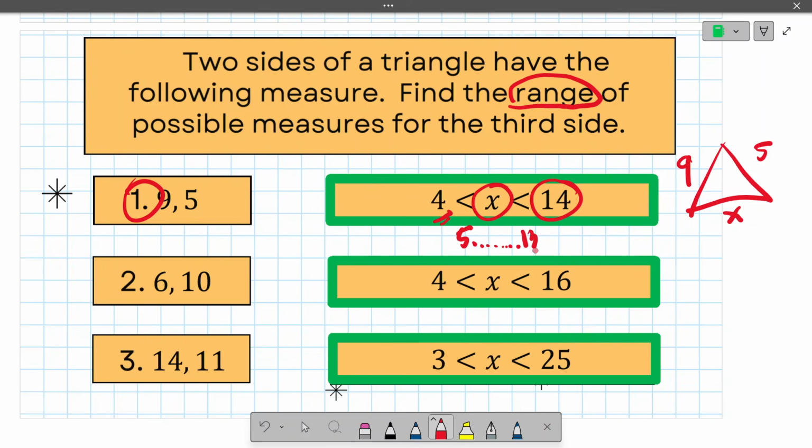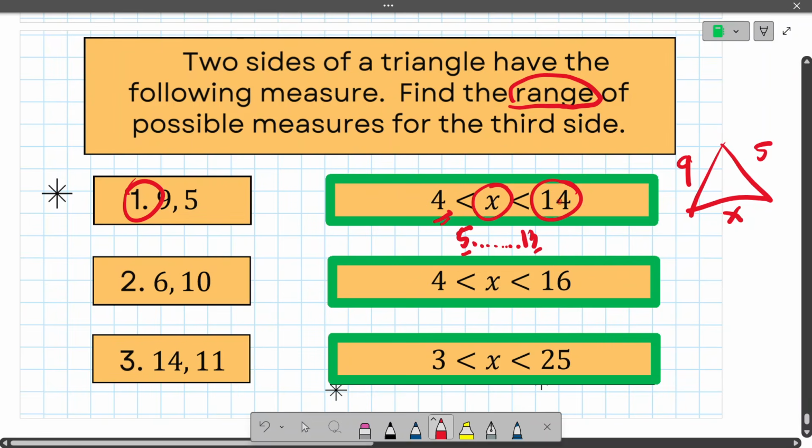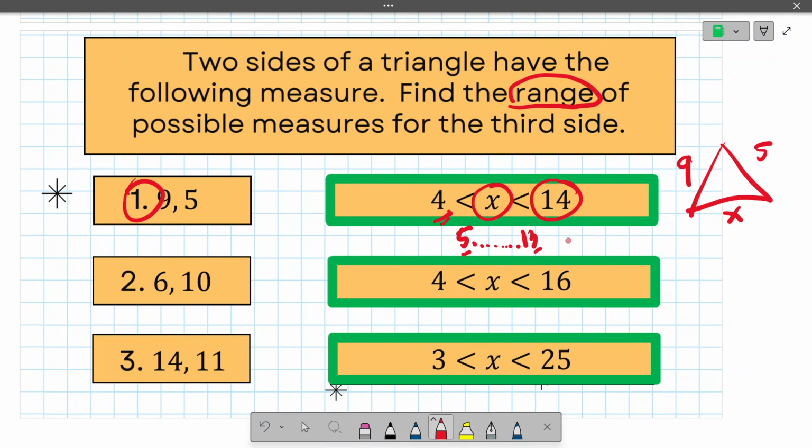This is the highest possible ng range, from 5 to 13, to reach 14. Pero I hope you get it na, no? So the range would be anywhere from 5 to 13.